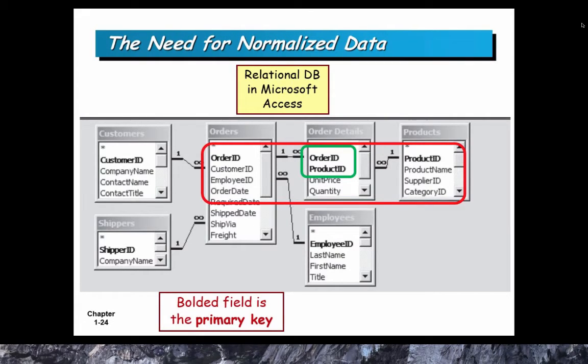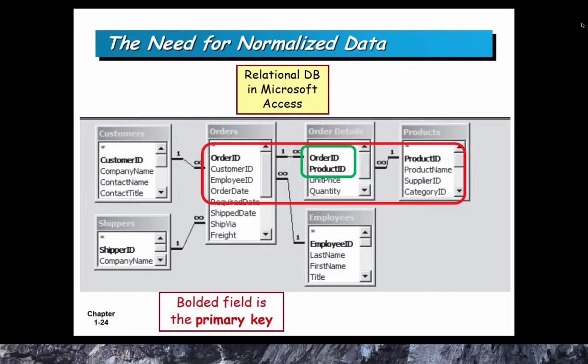So we talked a little bit about cardinality. Something else that you will learn how to do in this class is something called data normalization. This is actually how tables look in Microsoft Access. When you're implementing your system, you'll be creating tables that look kind of like this.